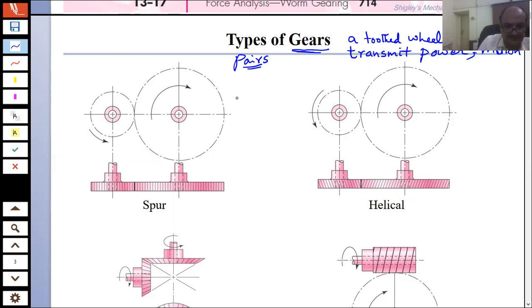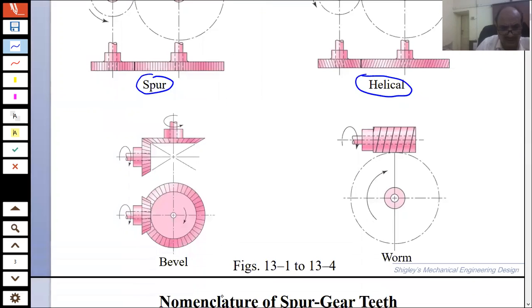Now, there are different types of gears, and if we list these types of gears, there is spur gear, there are helical gears, then we have bevel gears, there is worm gear, rather we will call this worm and pinion.